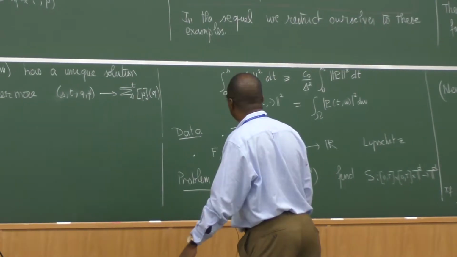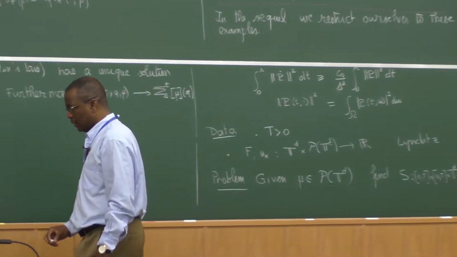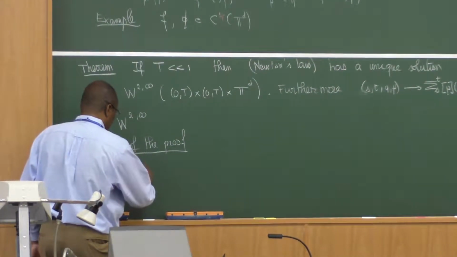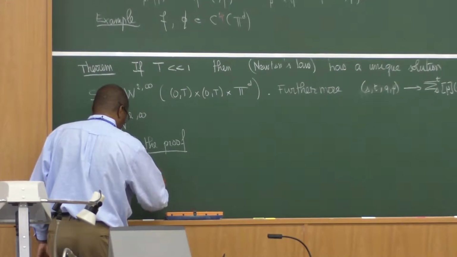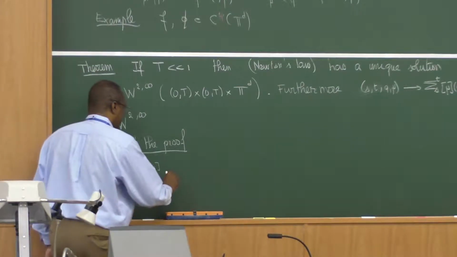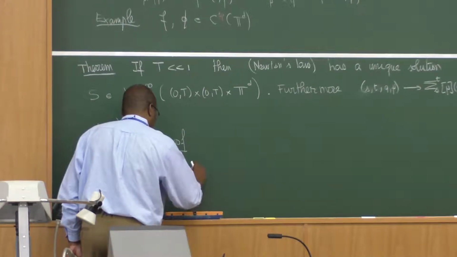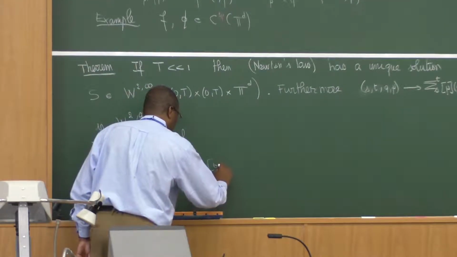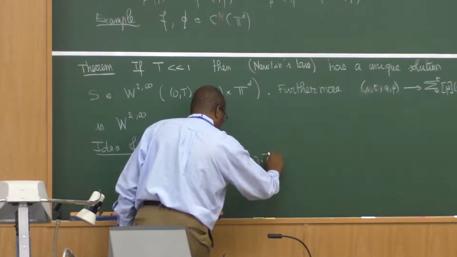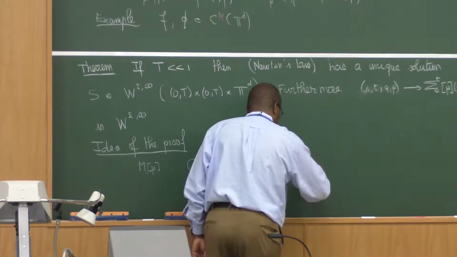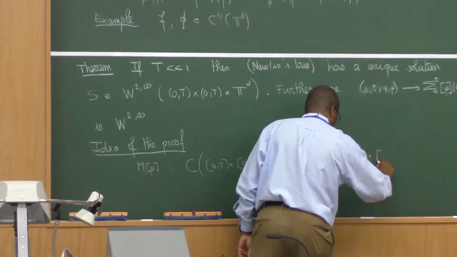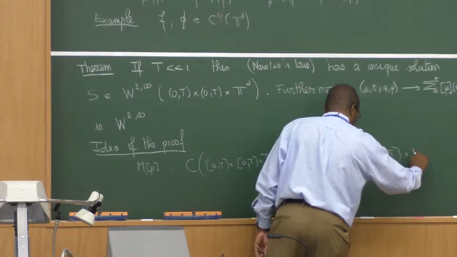And so M mu, I will consider that as a function from the set of continuous functions on 0T cross 0T cross the torus into 0T cross 0T cross the torus.